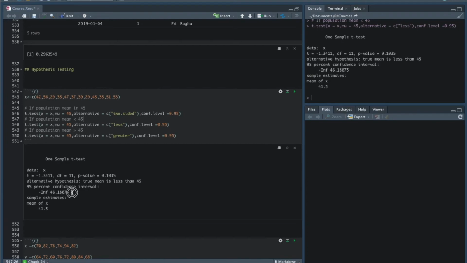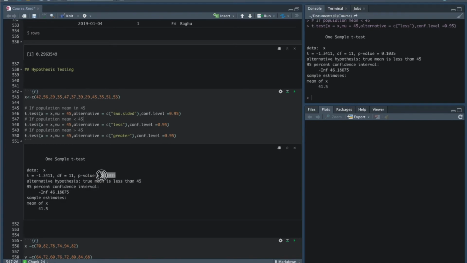So you cannot conclusively say that the true mean is less than 45. The alternative hypothesis is also written here, true mean is less than 45. However, since the p-value is not less than or equal to 0.05, we did not reject the null hypothesis, and hence the alternative hypothesis does not hold.